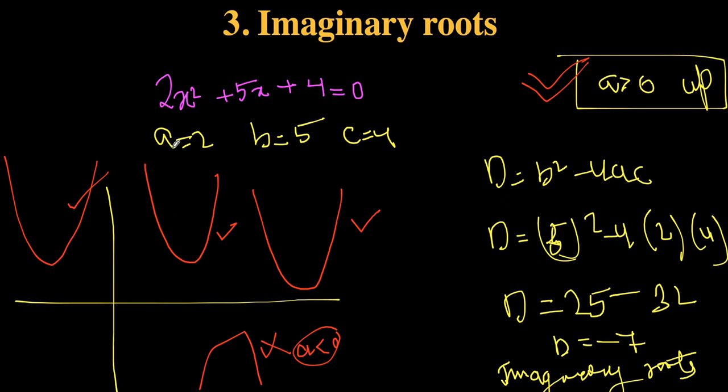And if you have the discriminant lesser than 0, which means a negative quantity, you will get imaginary roots. For that case, your graph will never touch the x-axis. It can be upward or downward, but it will never touch the x-axis, depending on the question.